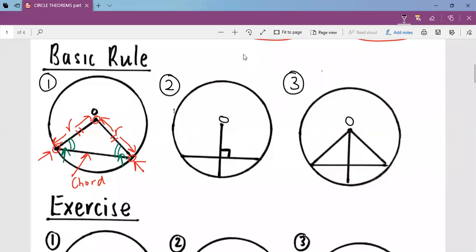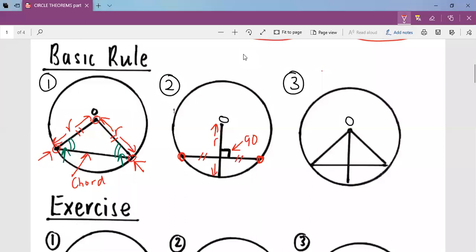Whenever a radius, this one is our radius, and a chord, this is our chord, meet to form 90 degrees, this chord will equally be bisected.